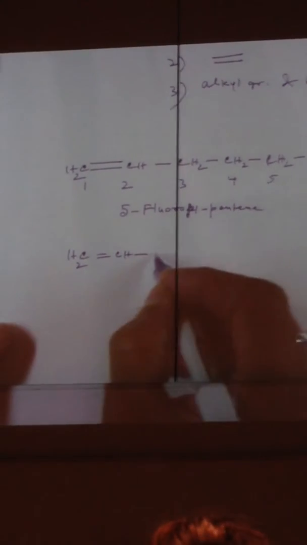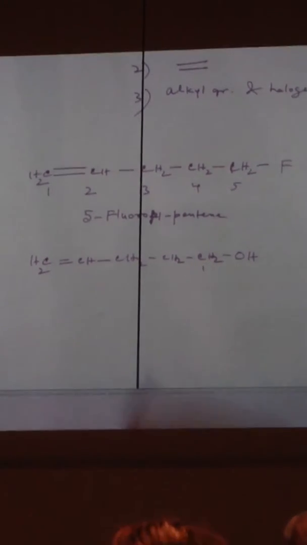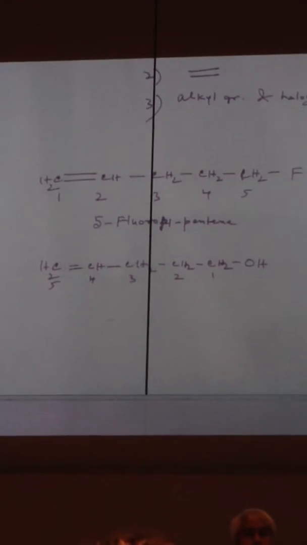Now, if you have an alcohol group, however, then the numbering would be switched, because for the same compound, if we just replace the fluorine with OH, then this becomes carbon number 1, 2, 3, 4, and 5. Now, we always indicate the ene group by the first carbon to which the double bond is attached.